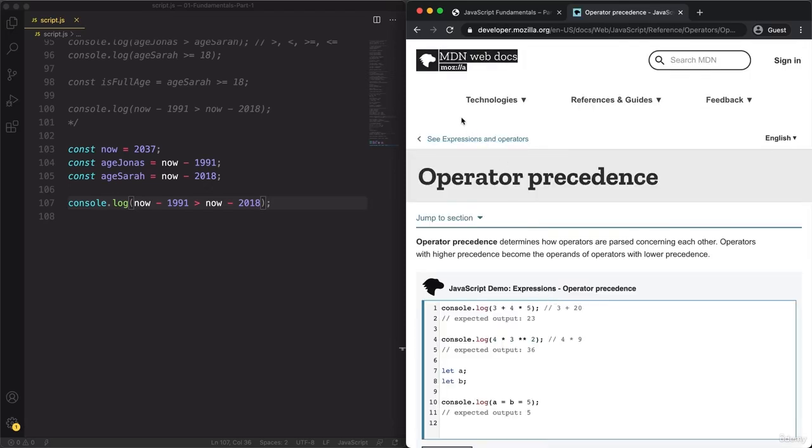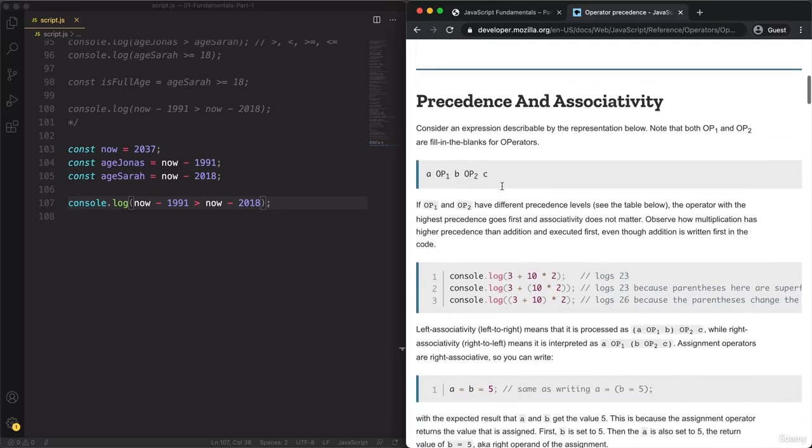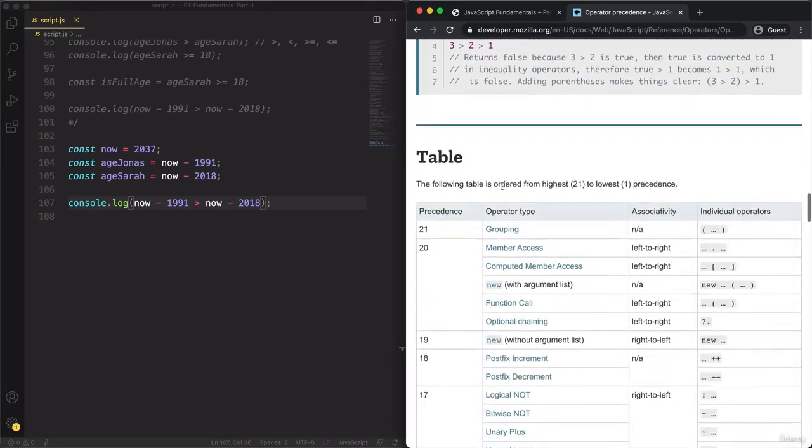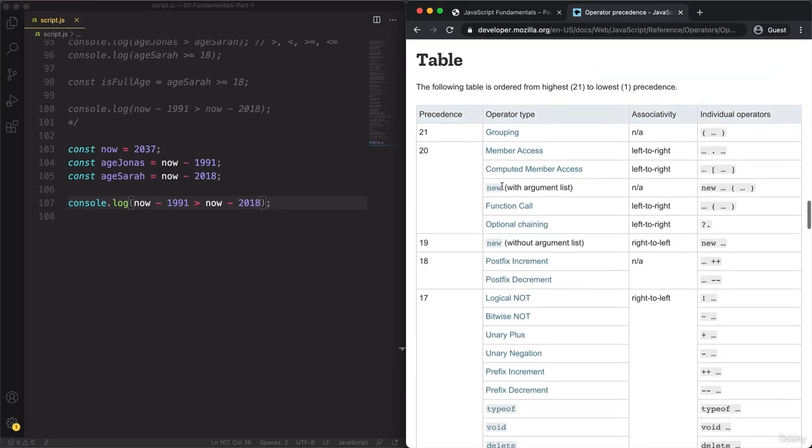So MDN is a very well-known and widely used documentation site, and we will actually use MDN a lot throughout the course. And in one of the future sections, I will show you a bit better how to use this site. But for now, we're looking for a table that is here on this page, and it's this one.